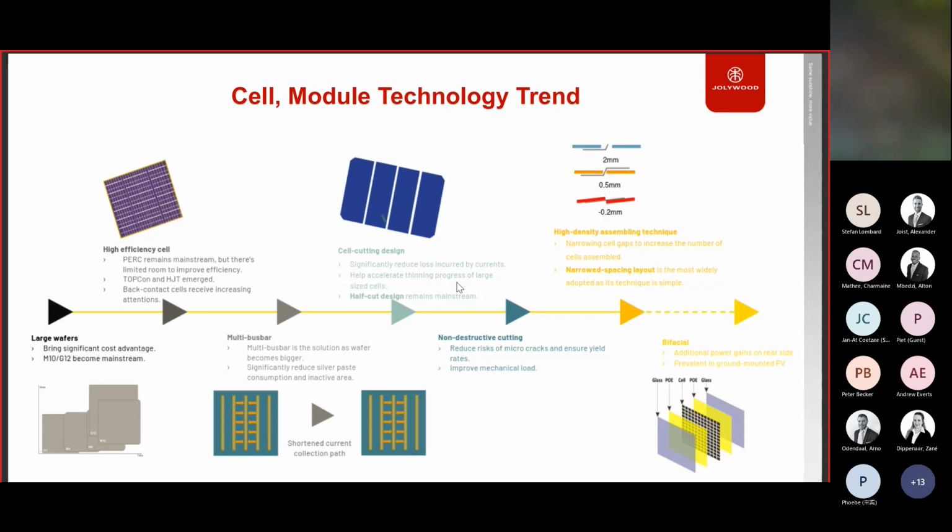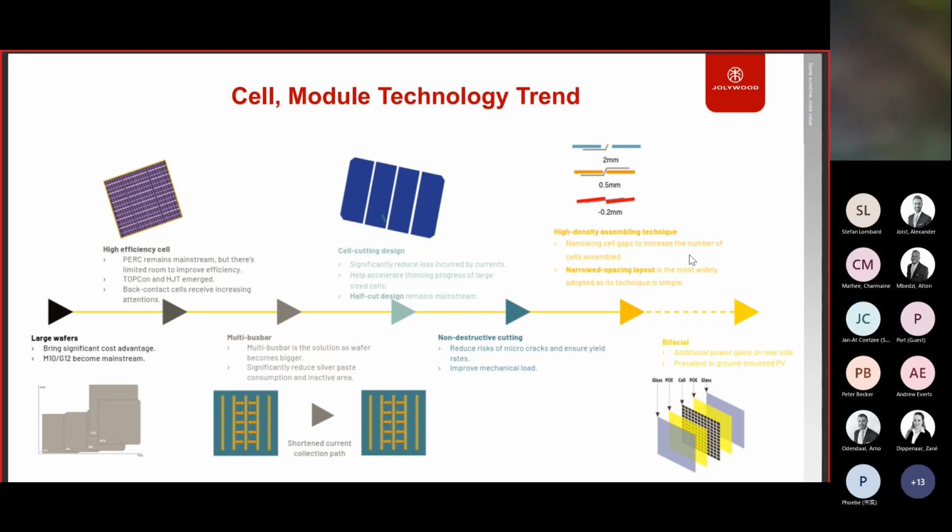Another technology is the half cell, and the main products in the market use the half cell design. Currently we use non-destructive cutting, and it also can reduce the risk of microcracks and improve the mechanical load, especially when the wafers become larger.